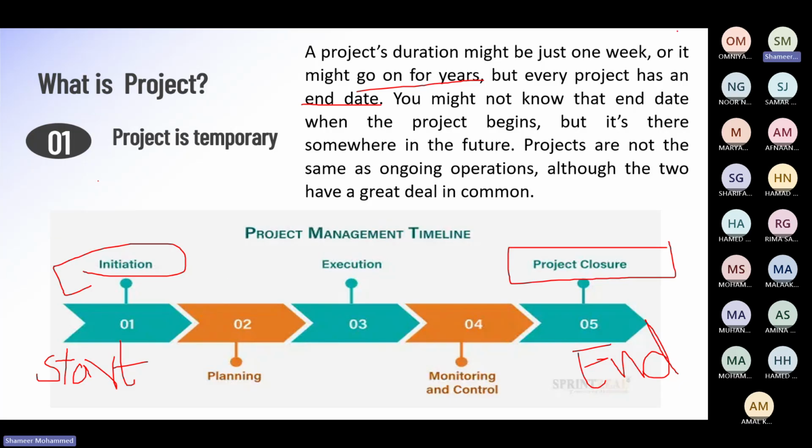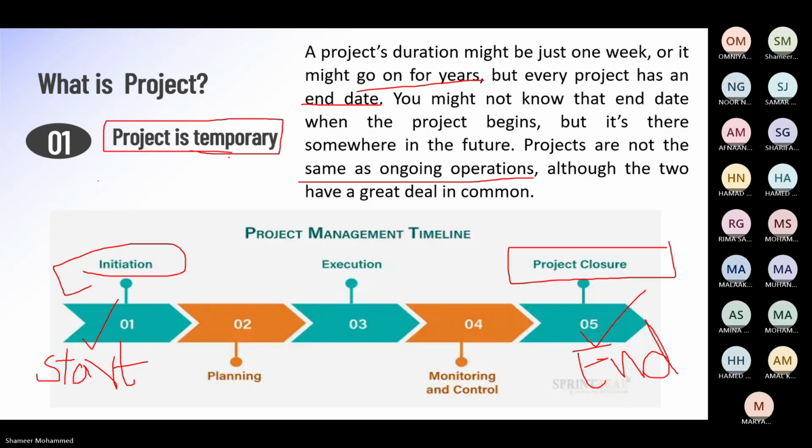So they are not ongoing projects. They have a specific time to start, a specific time to close. So that is why project is temporary, that is the meaning. It is not permanent. Every project is temporary. Is this clear, students?